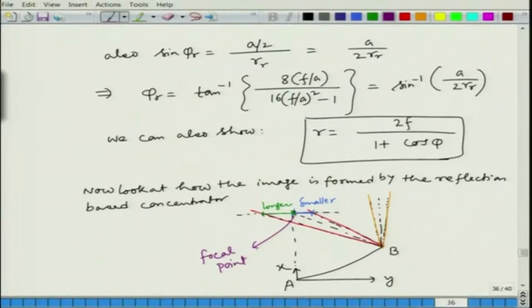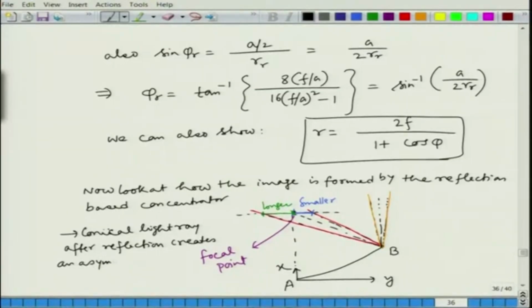So, if you look closely, the conical light ray after reflection creates an asymmetric image on the focal plane, isn't it? This is the focal plane, this is our focal plane.